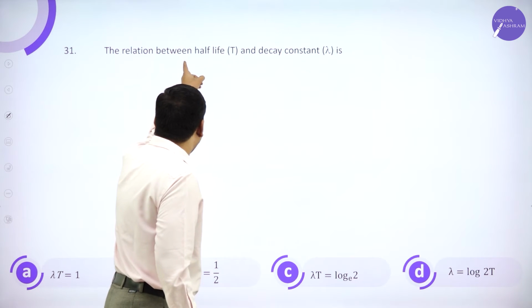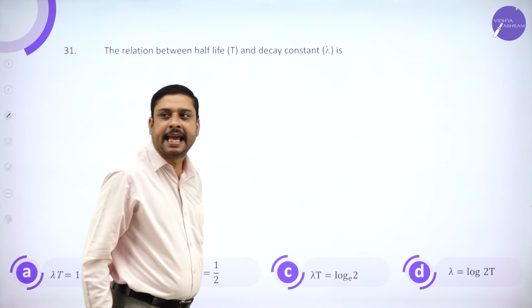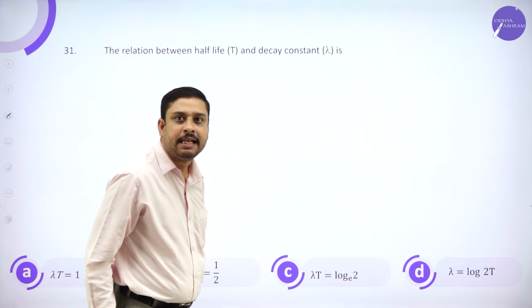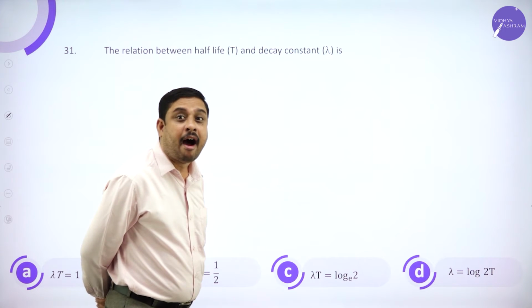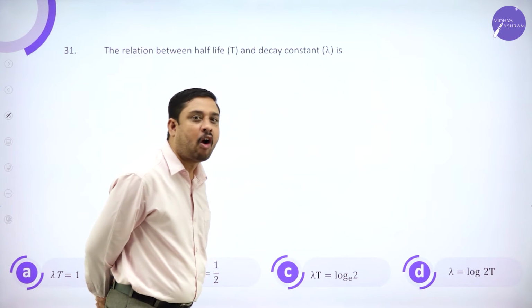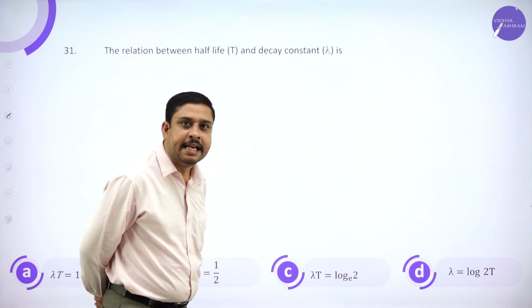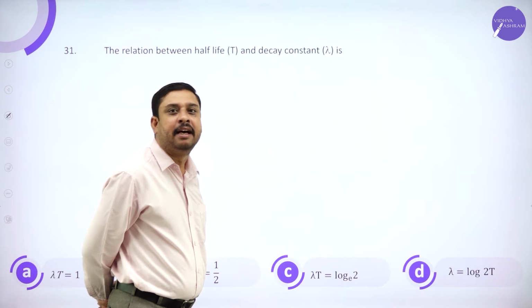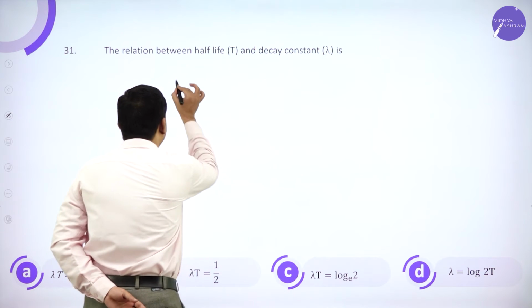The relation between half-life and decay constant lambda has to be calculated. Half-life and decay constant lambda. To do this, I will consider my radioactive decay law.